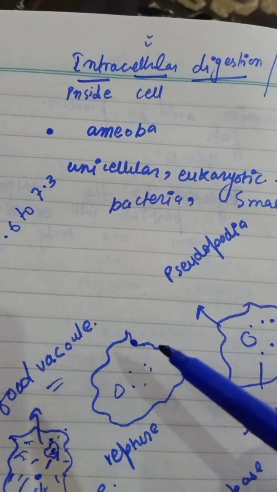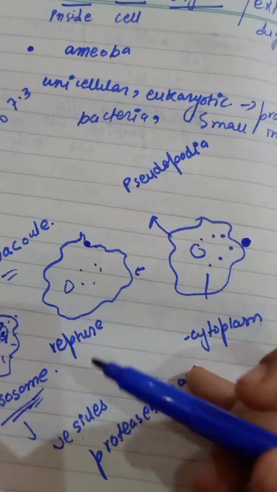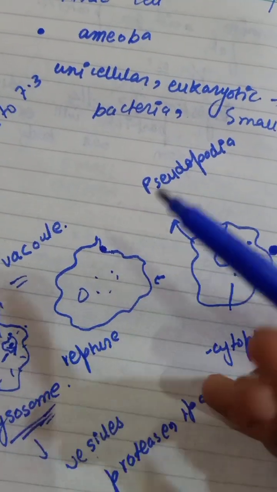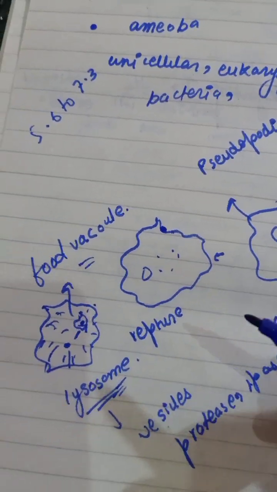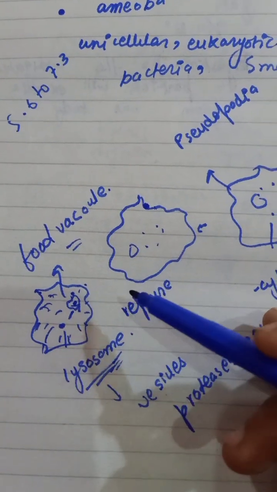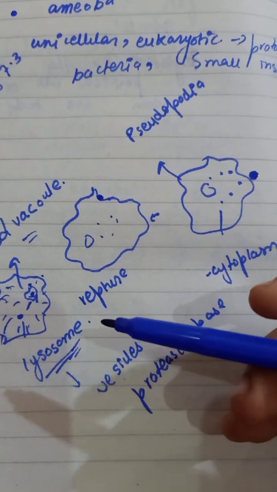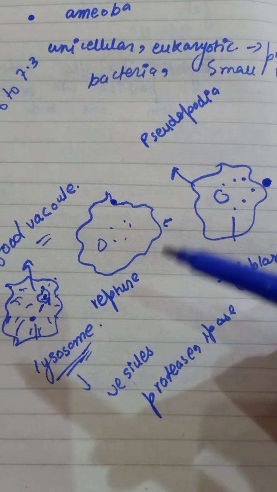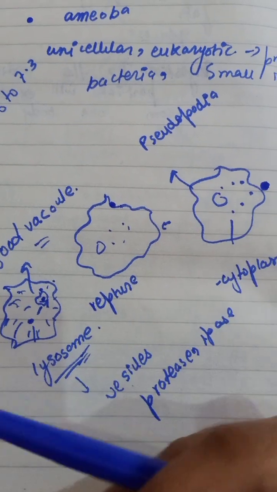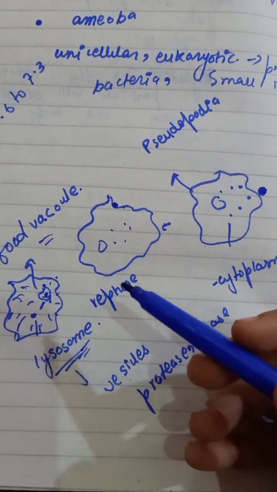Then the food will be absorbed by the cytoplasm, and for the undiffusible particles, the cell membrane will rupture and the waste product will move out from the cell membrane, which is pseudopodia.